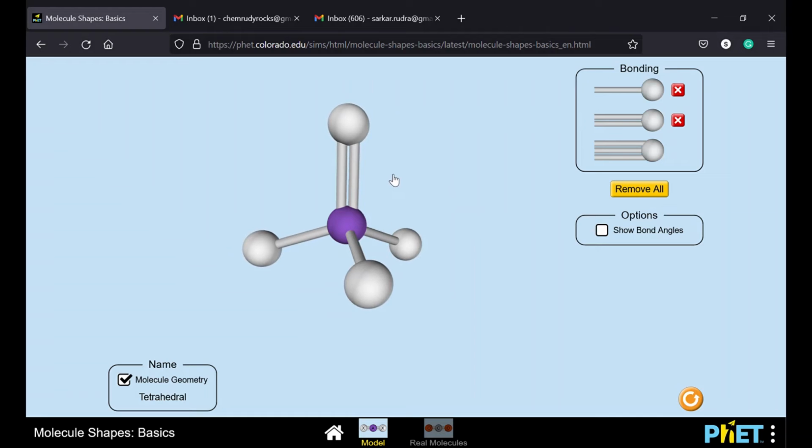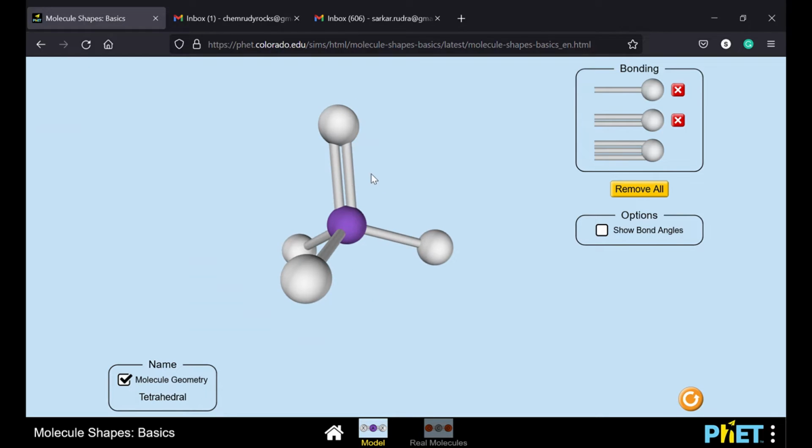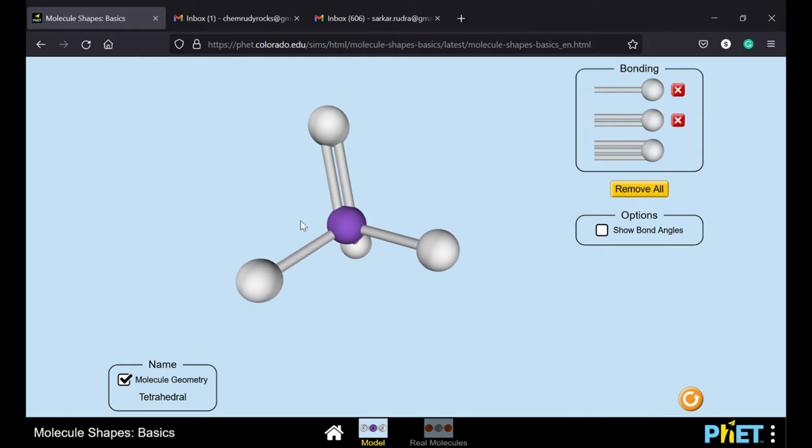In that case, for this particular multiple bond and this single bond, the angle over here, if I call this x, similarly I will call that angle x. Again, this one also will be x, and all these values will be equal.